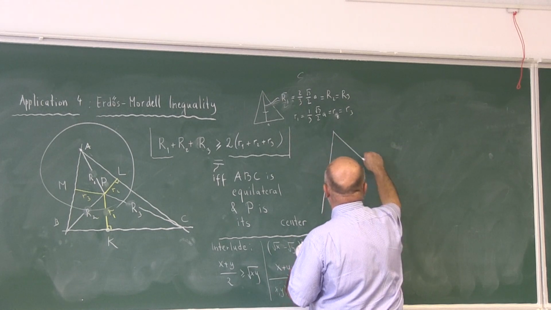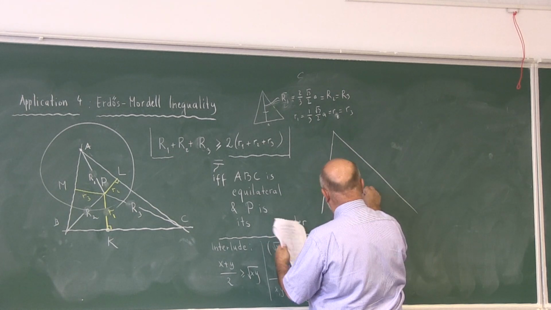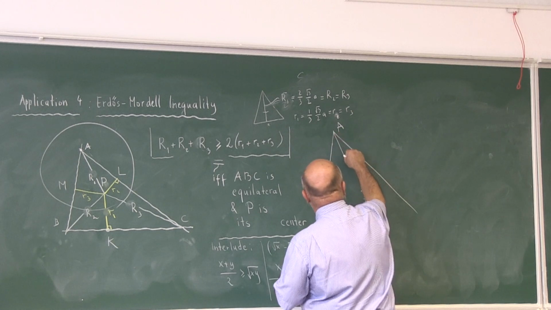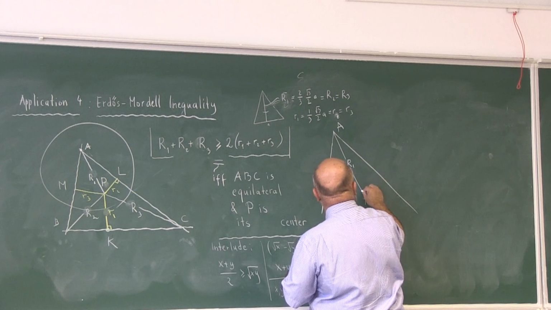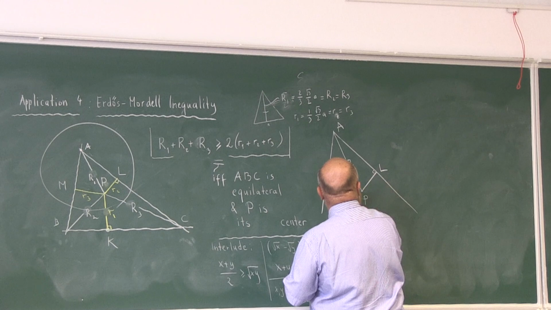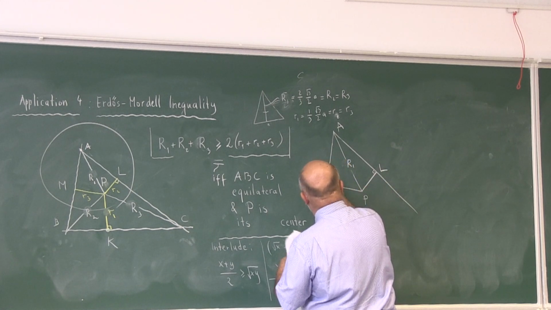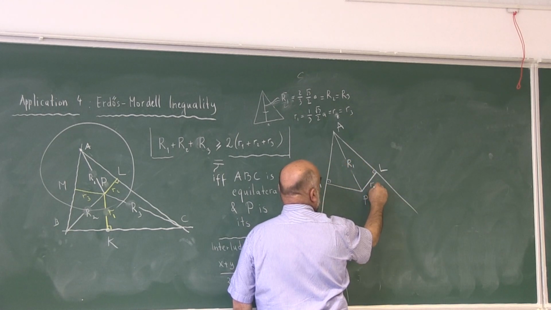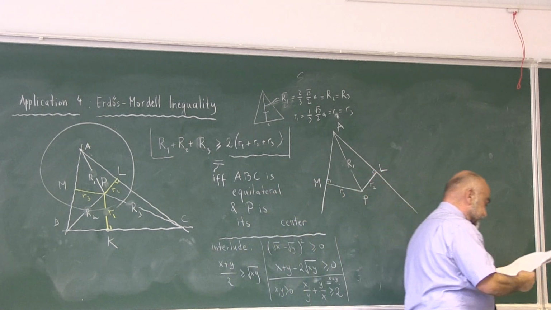So let me draw a larger picture. That's my P. That's A. So that is R1, which is fine. And that's my L. That's my M. I'm dropping perpendiculars on the 2 sides. And of course this is length small r2. This is length small r3. Now let me write down something rather simple.